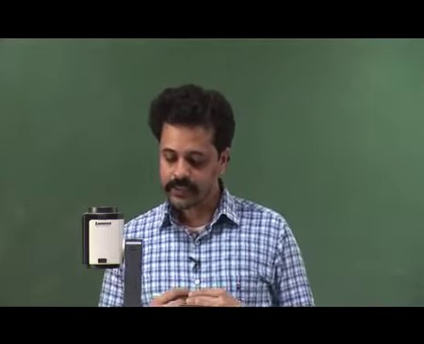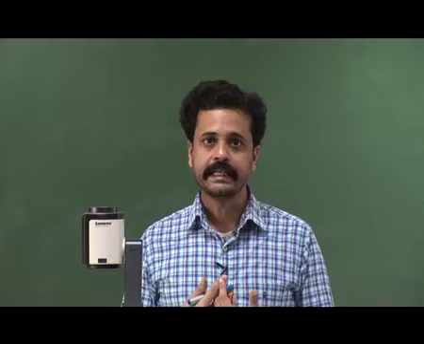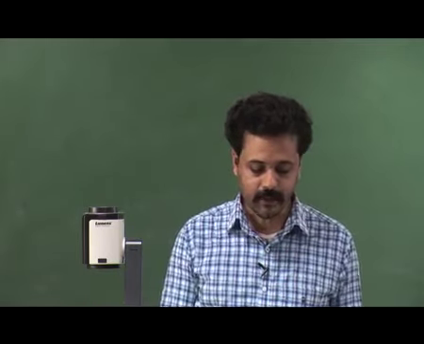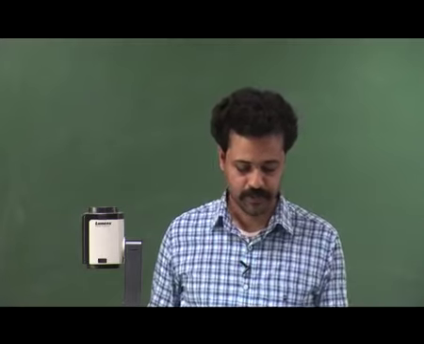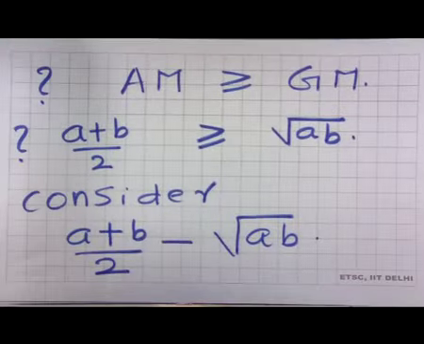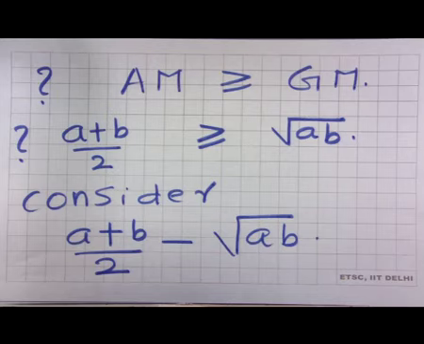One may ask the question, when does equality hold? Let us go back to our investigation. If AM equals GM, then the difference is 0.